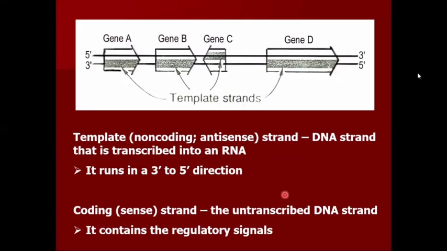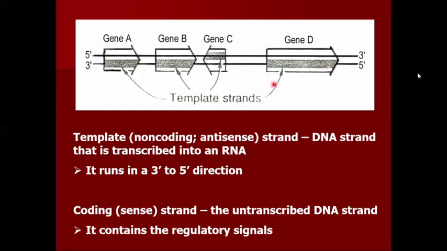Let us take up first the template strand. You have to know the other names because in the examination question, I may be using the other names, non-coding and antisense. So the template strand is the DNA strand that is transcribed into an RNA. And in your illustration, they are the shaded strand.